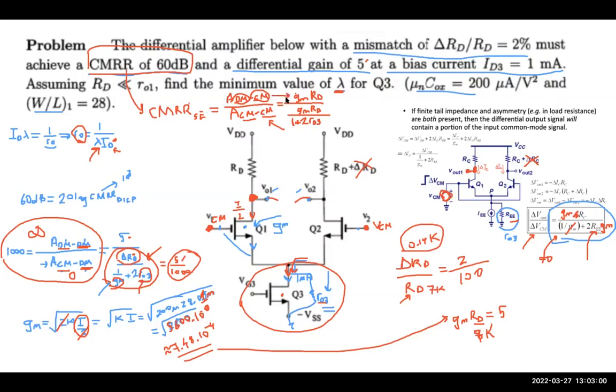This is the differential gain with single-ended output, and this is the common mode gain with single-ended output. So GM RD cancels. This becomes 1 plus 2 GM RO3. So if I tell you the single-ended CMRR is 80 dB, this is 10,000. Then if 10,000 is 1 plus 2 GM RO3, that means RO3 is 5K. So that's the important thing: whether the CMRR is differential or single-ended.